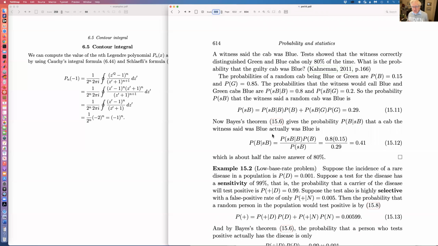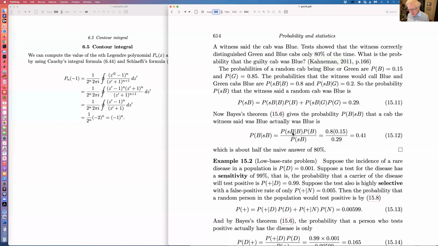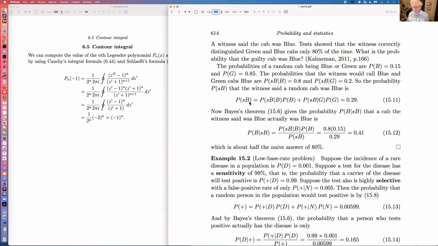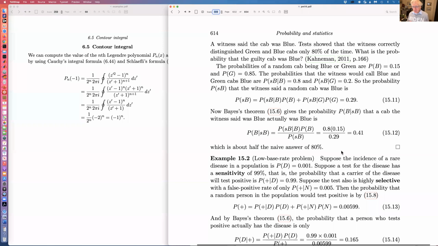The probability of the witness saying it was blue, if it was blue, was 0.8, but now we've computed the probability that a witness would have said it was blue as 0.29. And so we get 0.41.